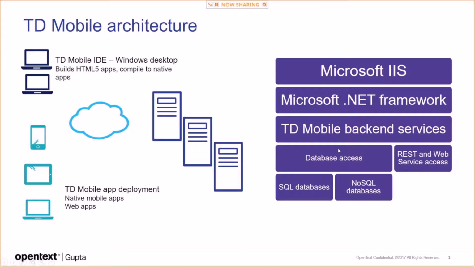This includes database access to SQL databases, also to NoSQL databases like the MongoDB that is included in TD Mobile. And you also have access to REST and web services from the backend. Then you can deploy the application to your mobile devices, and we will talk about the deployment parts a little later. There are two ways, basically, web applications and native mobile applications.